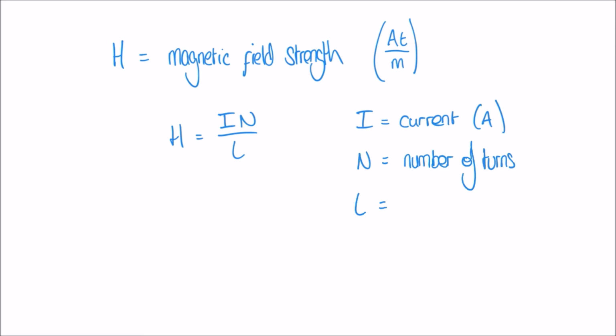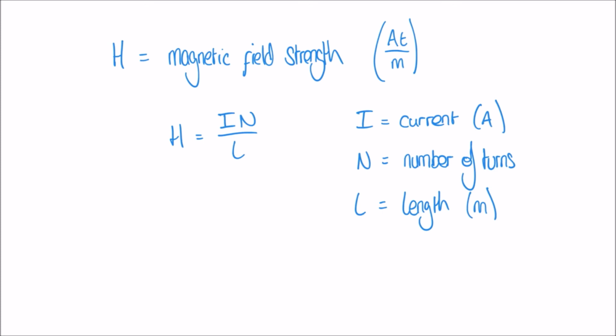In the case of the solenoid in question, we can approximate this to roughly the length of the solenoid. So I'll just call that length, and it's measured in meters. So the unit amp turns per meter is reflective of this formula, because we're measuring I in amps, N is the number of turns, and L is a length in meters.